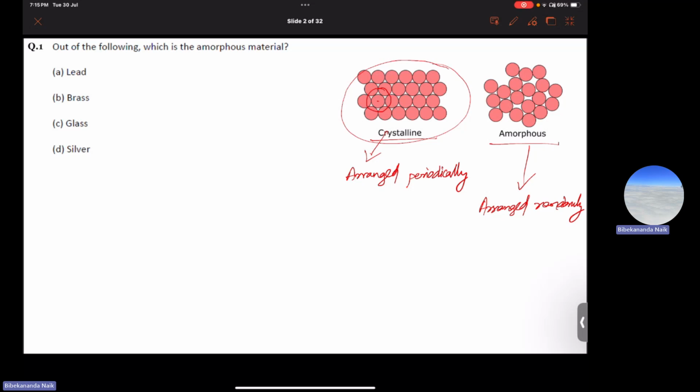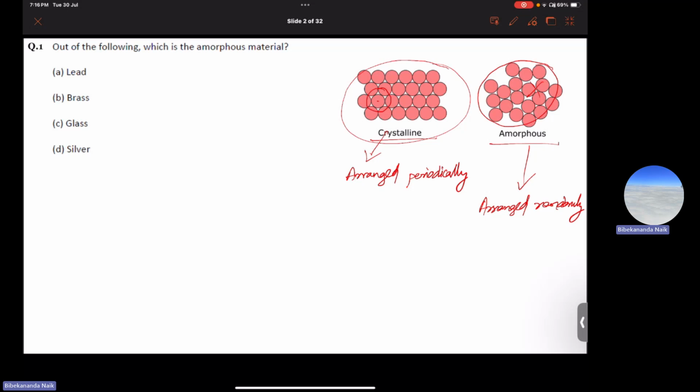In crystalline material, the atoms are arranged in a periodic manner, due to which there are some specific characteristics of those atoms. However, in case of amorphous material, there is no fixed periodicity or no fixed structure through which they are arranged. So the two materials will differ in their physical and mainly in their chemical properties.